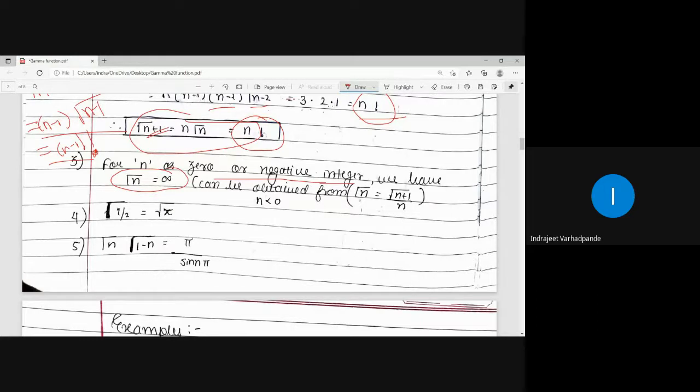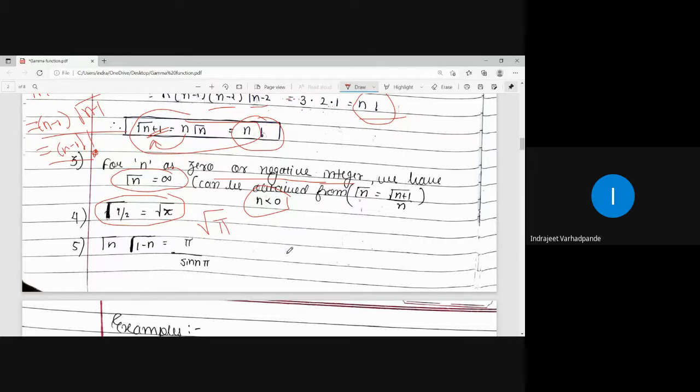For n as 0 or a negative integer, the value of gamma n will be infinity, because it can be obtained from the result gamma n plus 1 is n gamma n. So gamma n will be gamma n plus 1 upon n, where n is less than 0. Gamma half is under root of pi. This is a very important result.